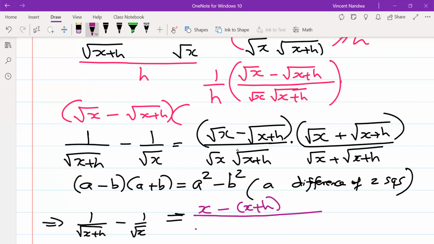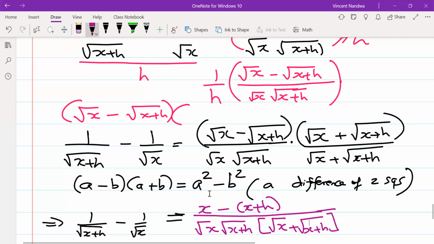And then this is divided by root x plus h into root x plus square root of x plus h. We need not open the brackets.